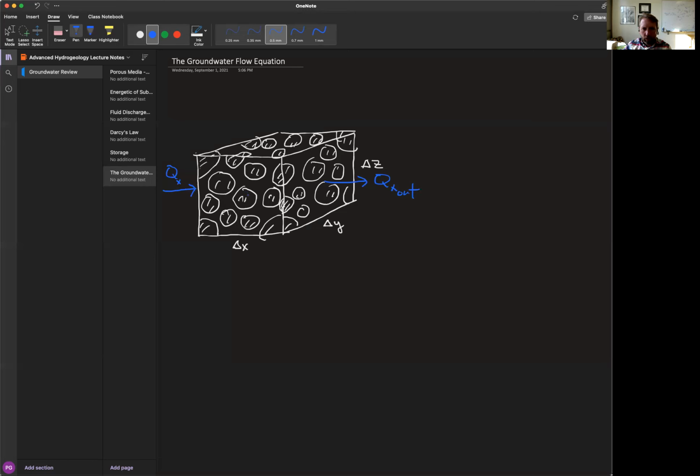We're going to start off with a really simple statement, and that says that the change in mass in our cube, so delta M REV, this is the change in mass of water, is equal to the discharge, the volume of water coming in, minus the volume of water coming out.